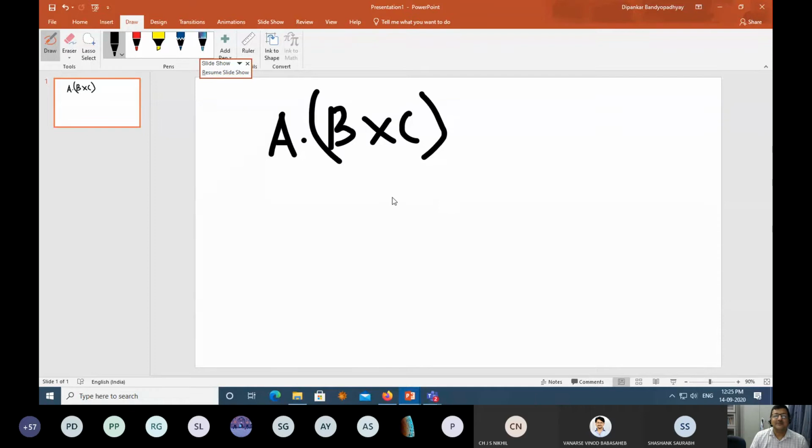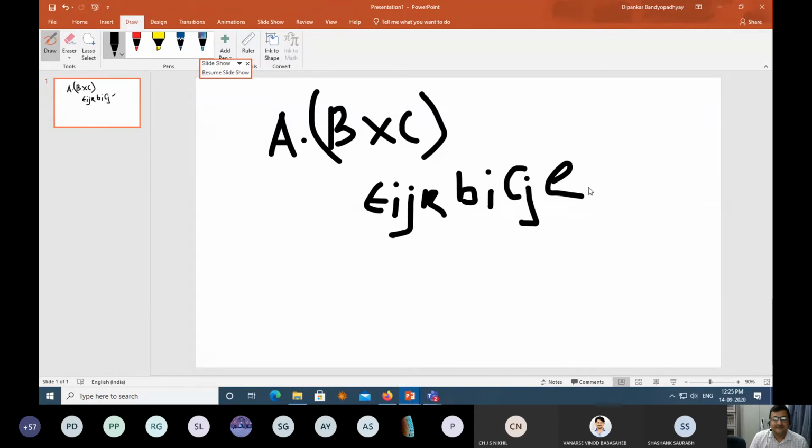So what is my B cross C? First, let me evaluate. Suppose I write epsilon ijk, say bi, cj, and ek. Clear? I'm just writing in a very simple manner. And now A I write as am.